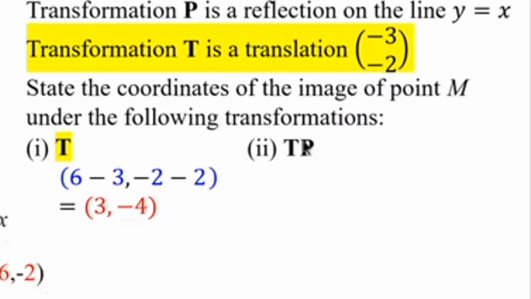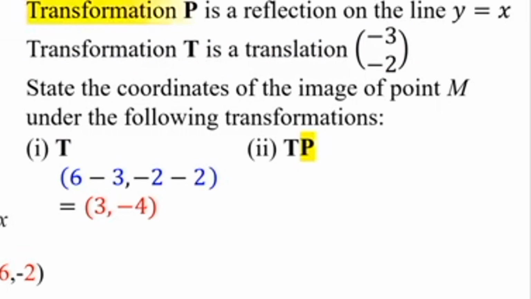Let's proceed to the next one, which is combined transformation. So for combined transformation, we always do the second transformation first, which is P. P is a reflection on the line y equal to x.